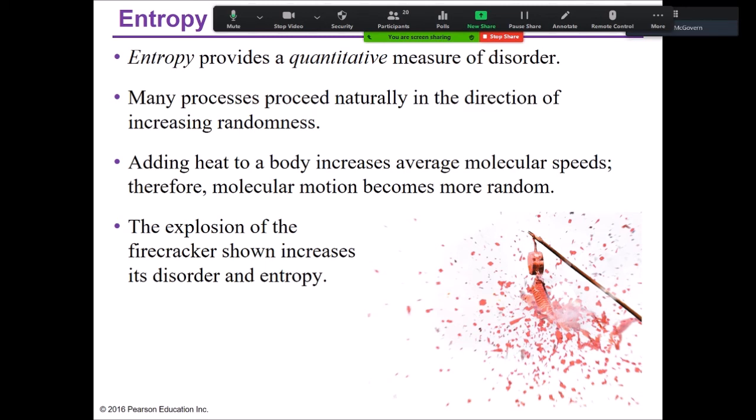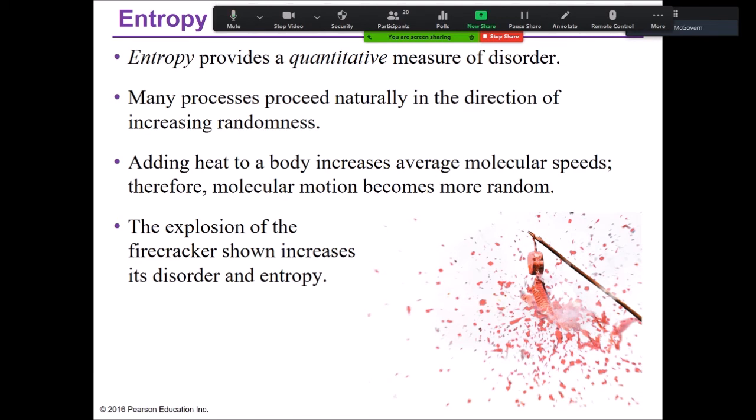You don't see processes where a bunch of shards of glass come together and then rise up into the air and you create a glass in your hand. That would violate this because you can't spontaneously create a bunch of order. You usually have to perform work to get that order there.